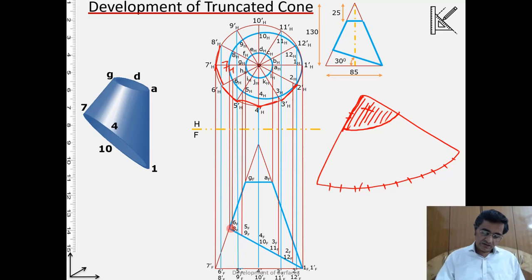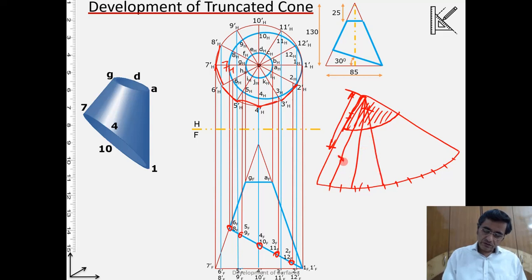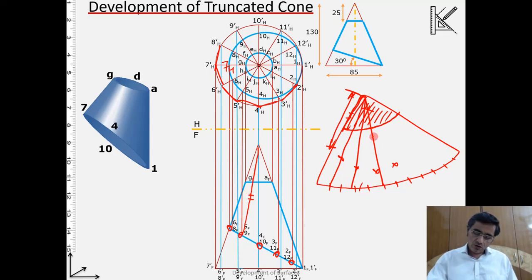Similarly, where is this point? All these points which are on the bottom truncated surface, I will try to locate them, say along these lines, and so on. So in order to locate any of these, for example this one, I will need to know the true length corresponding to this. So we will determine the true length corresponding to this, and over here I will be marking the true length.